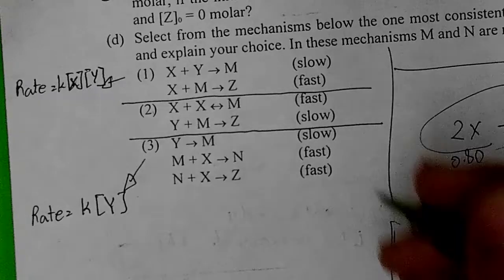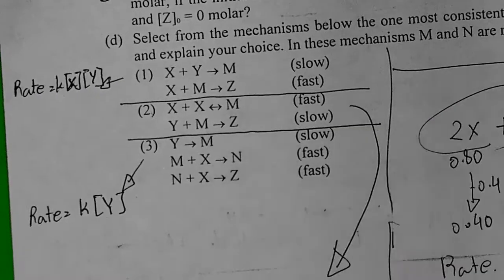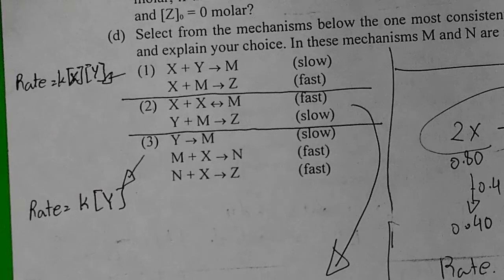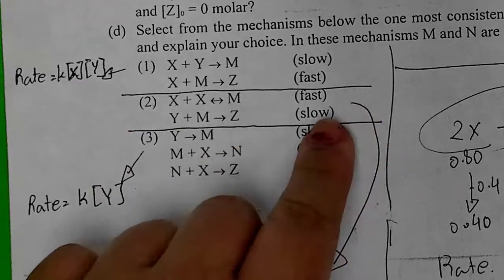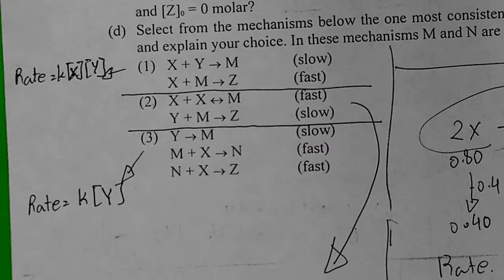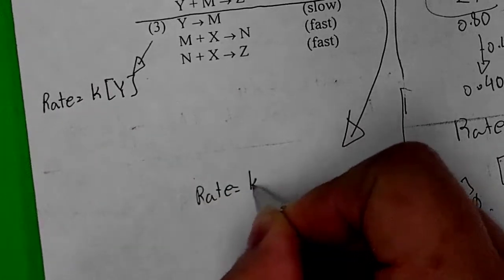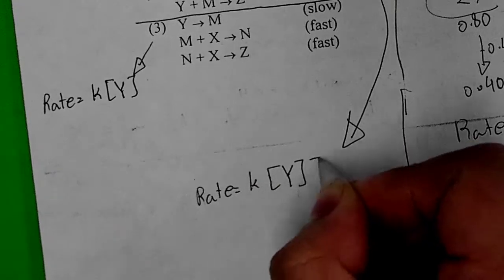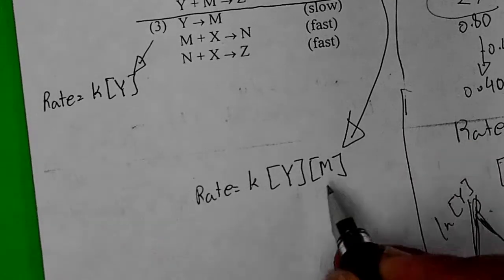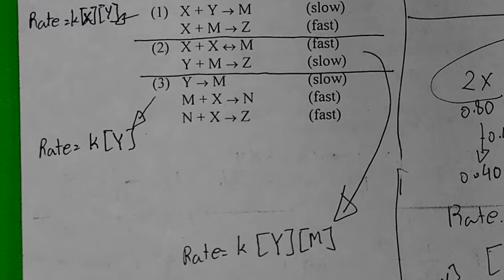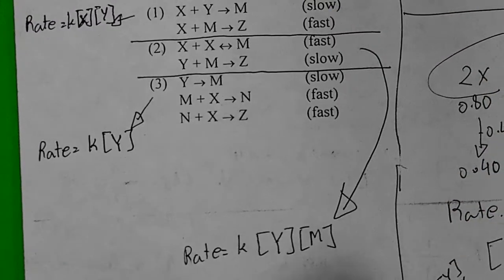Okay, let's talk about number 2. This probably is your least favorite one because your slow step happens after, and your fast step has the intermediate. So we need to talk about it. The rate is going to equal K, Y, and then M. Again, the goal is to get rid of M. So you're going to use the first line to write an equation.